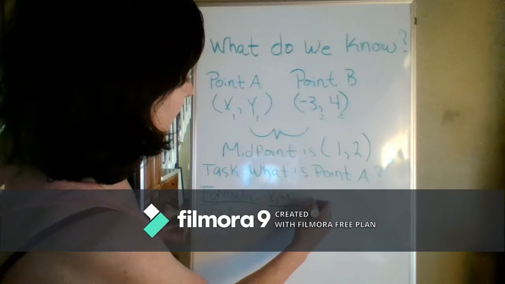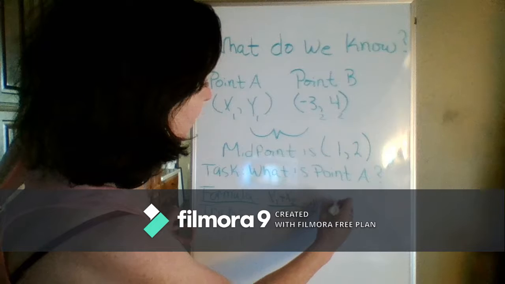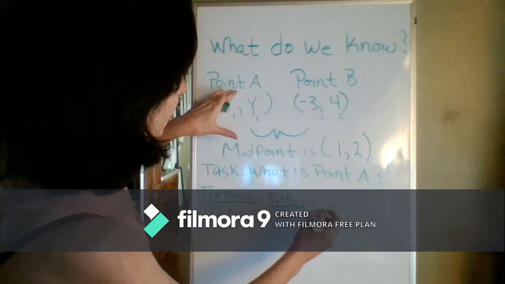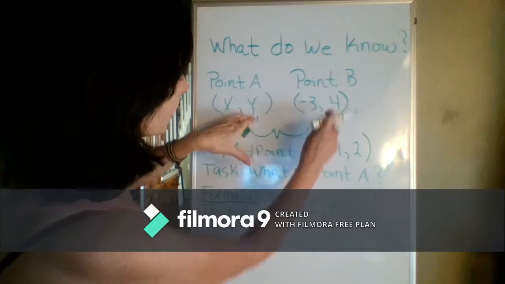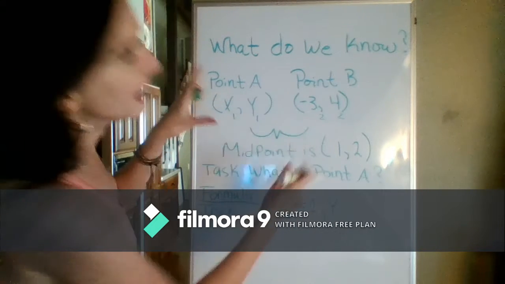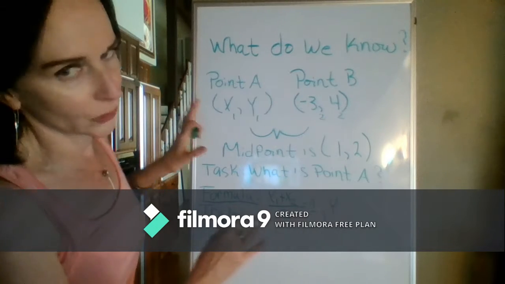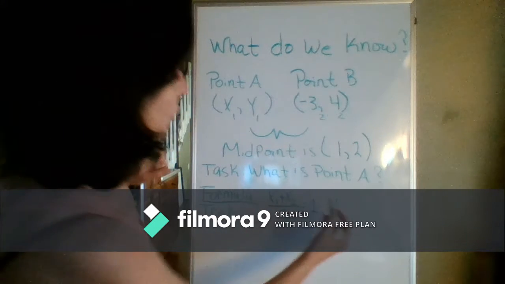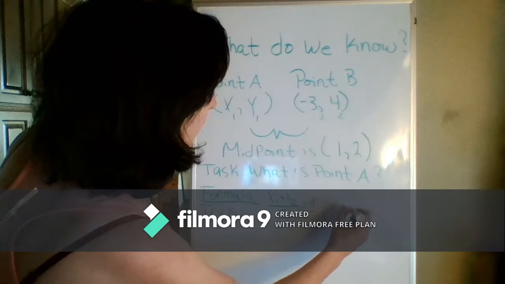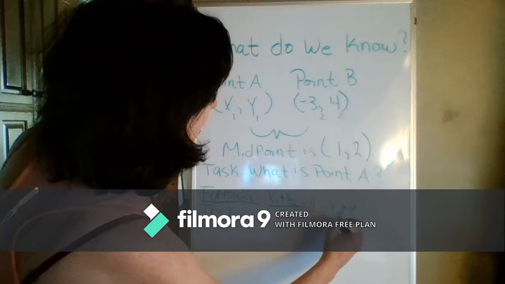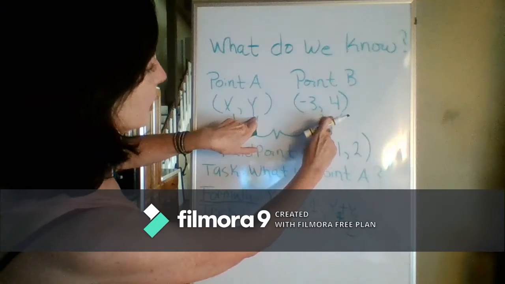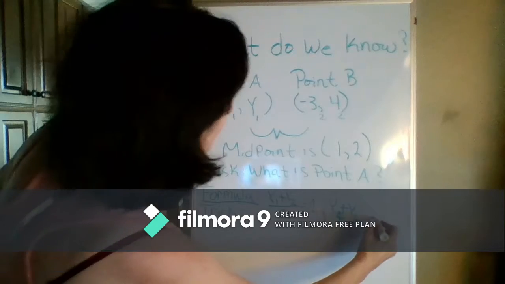Then for my y coordinates, it's basically the same thing. Make sure if you start with x1, you carry on with y1. Sometimes kids will start with y2 plus y1. Just be consistent, because when you're doing negatives, we're going to have a problem. So now we go y1 plus y2 divided by 2, and we know that has to equal 2, because that's the midpoint.